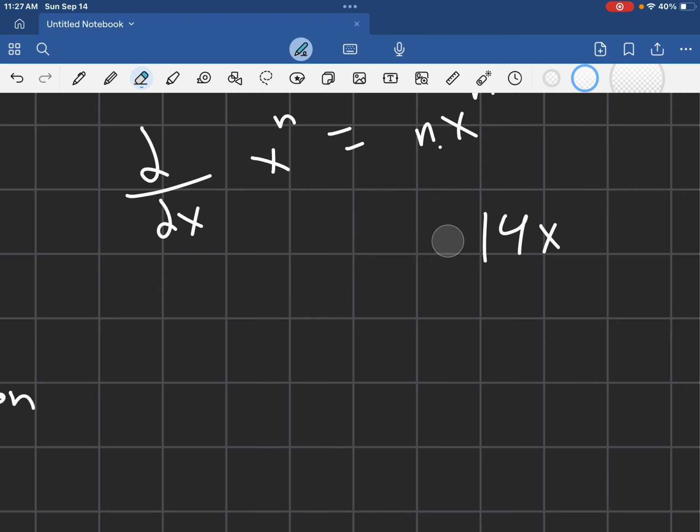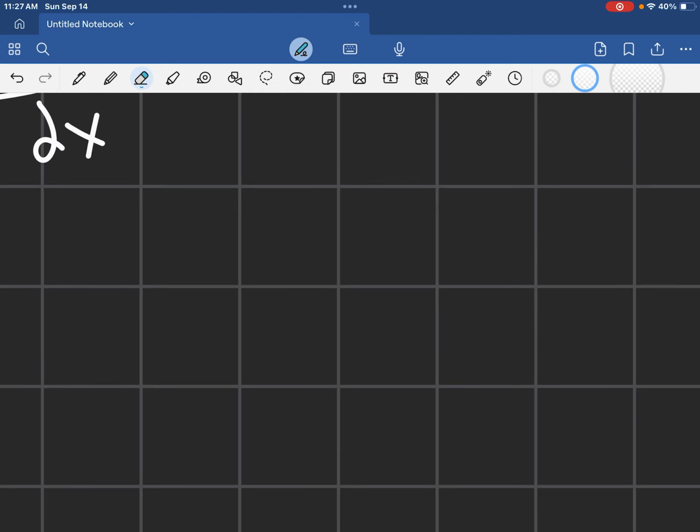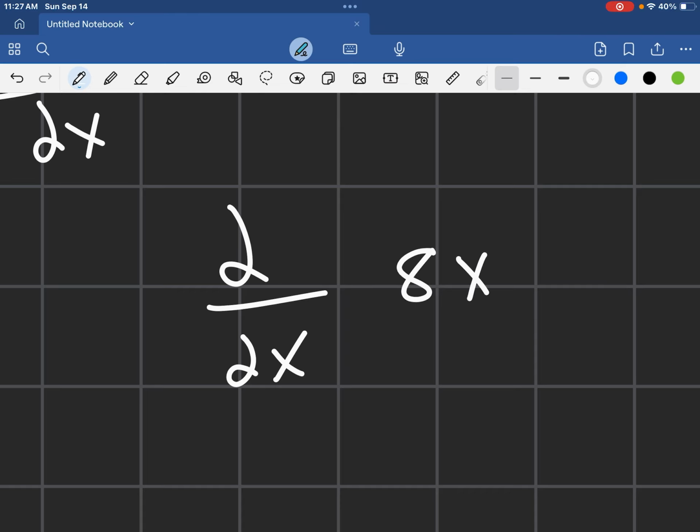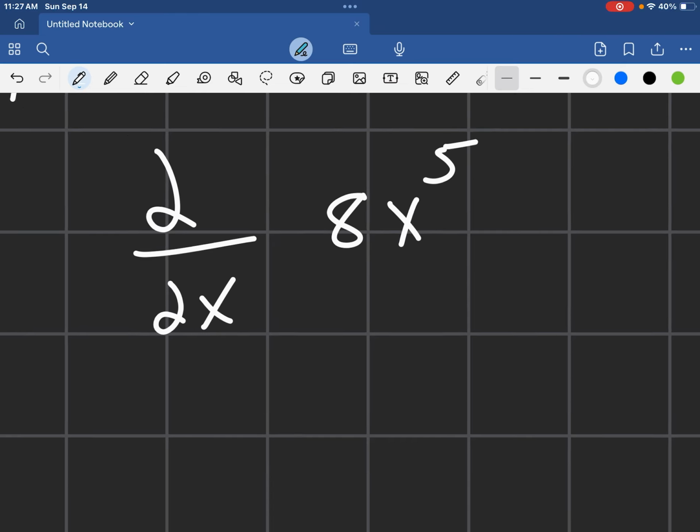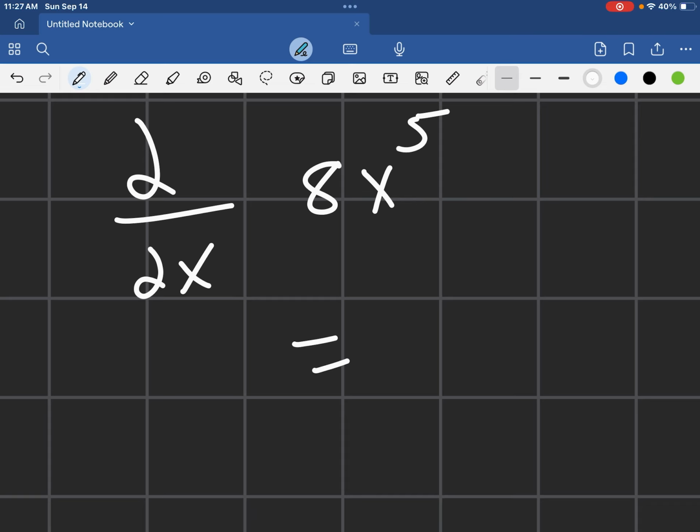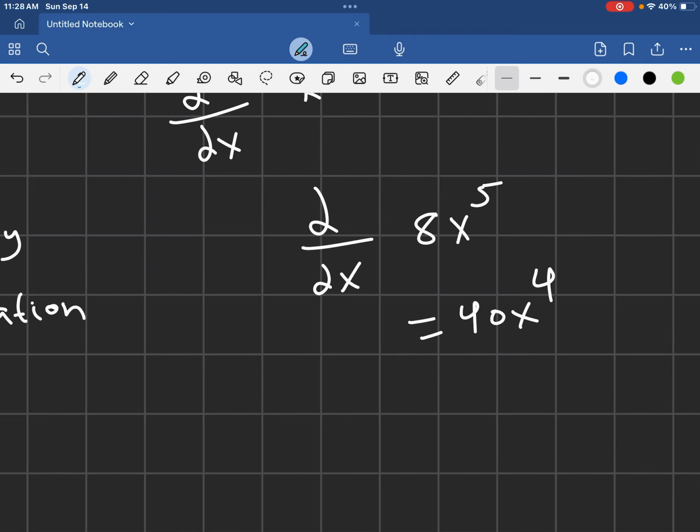These two are really the easiest derivative rules to remember. So if we take the derivative of 8x to the 5th, we multiply 8 times 5, which is 40, so 40x, and then we subtract 1 from the power, and it's 40x to the 4th.